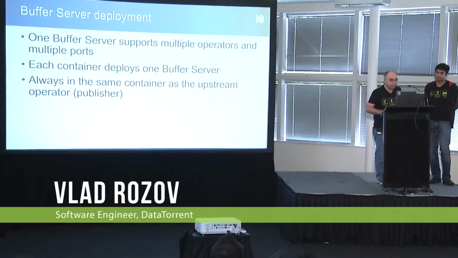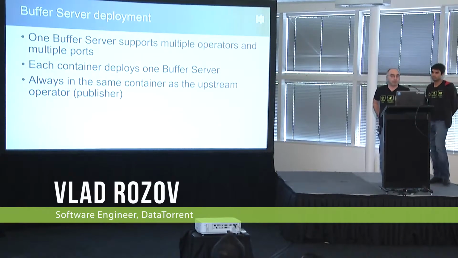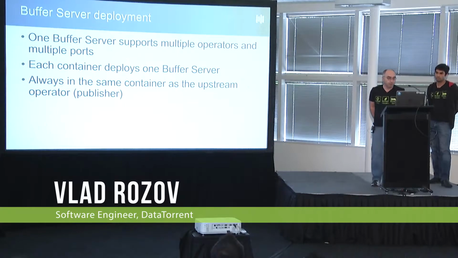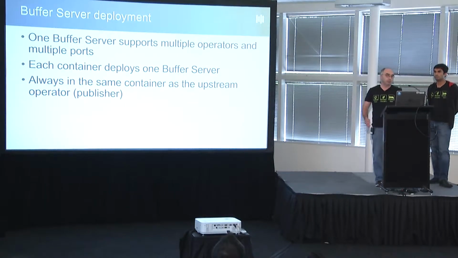Now, let me go a little bit back and discuss why the buffer server is always deployed into the same container as a publisher, right? This is done so that the lifetime of the buffer server is tied to the upstream container.